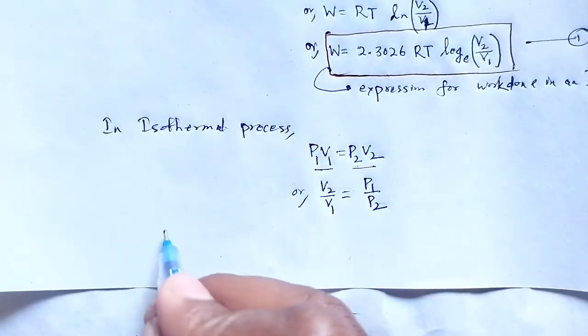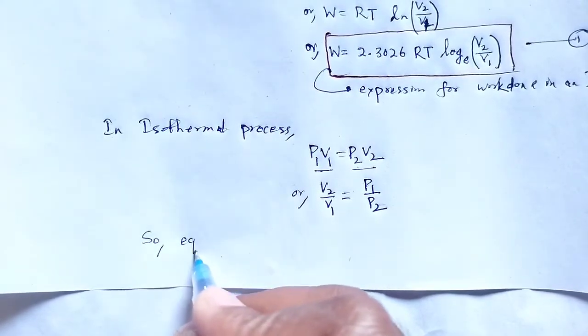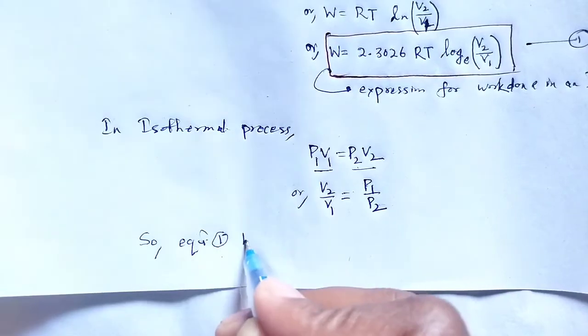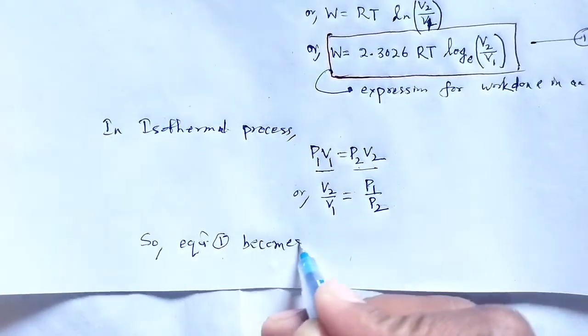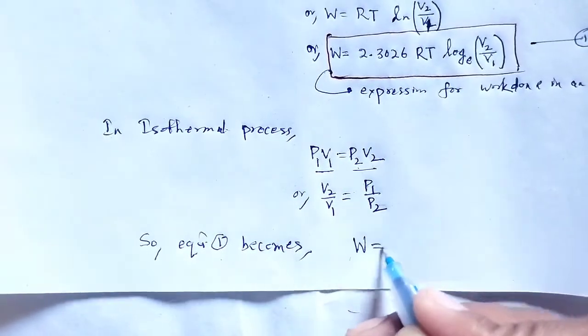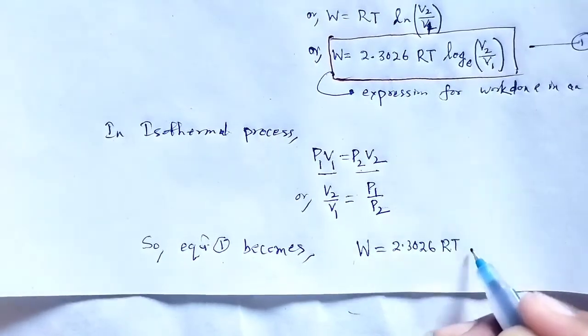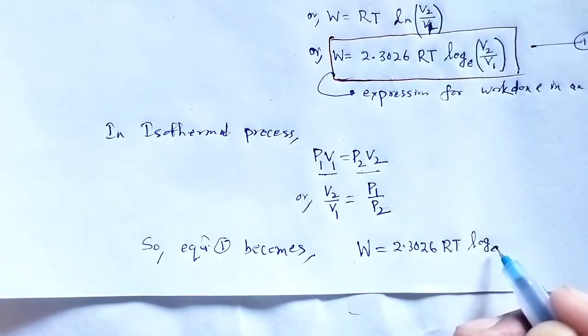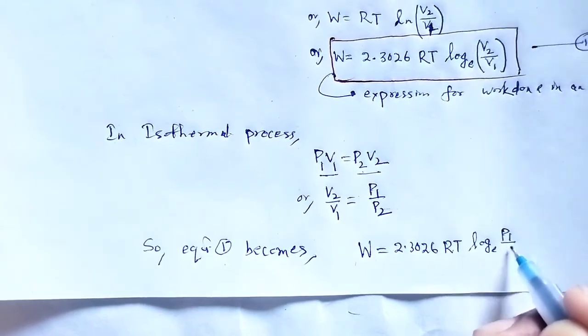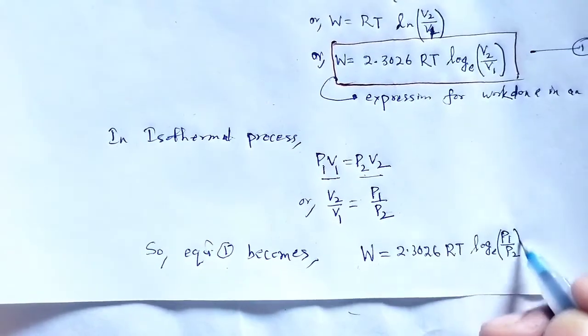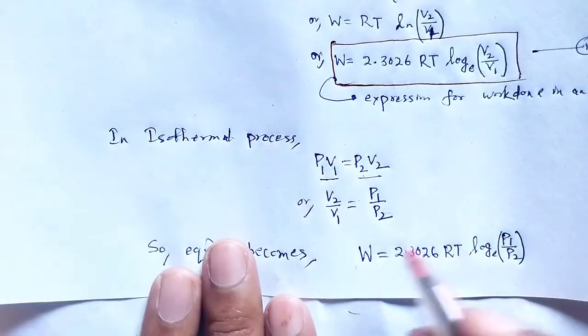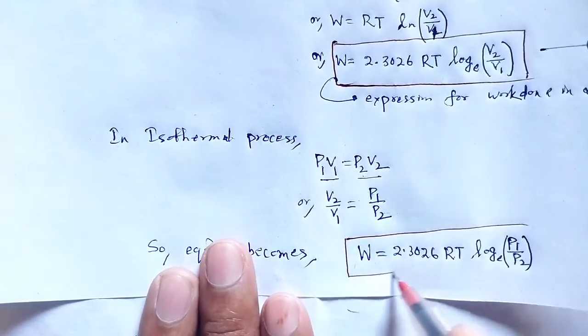So equation 1 becomes total work done W equal to 2.3026 RT log base e P1 by P2.